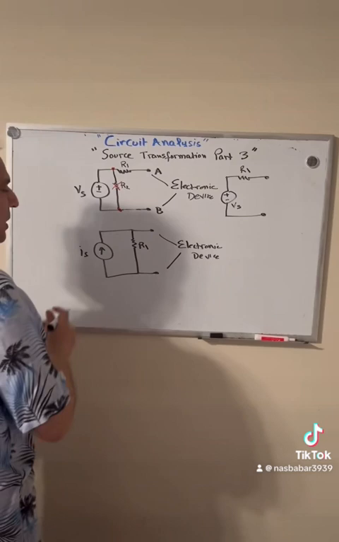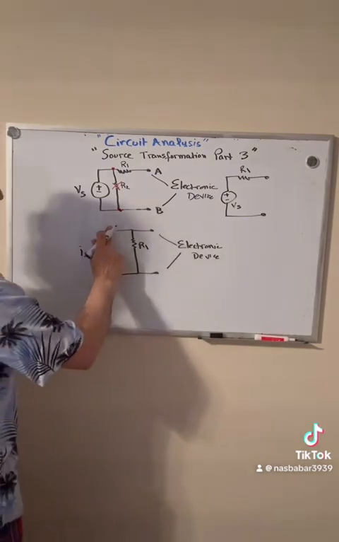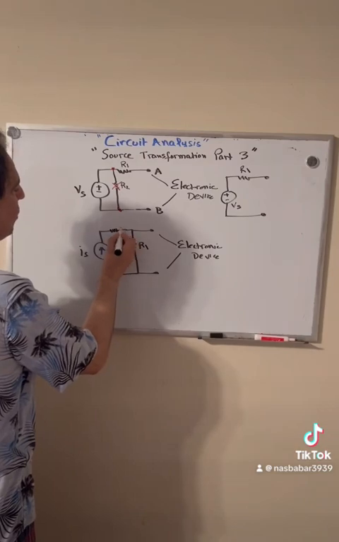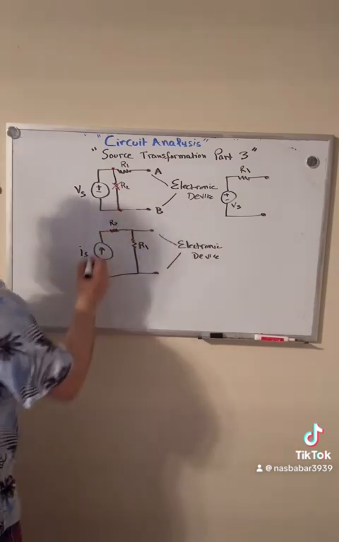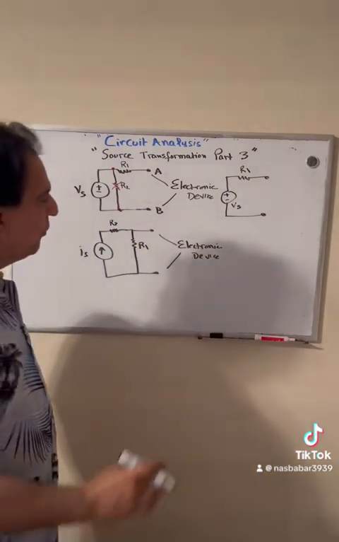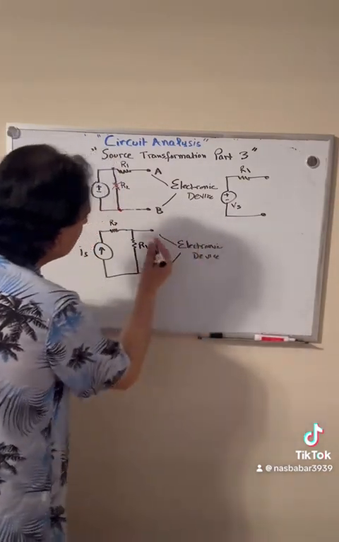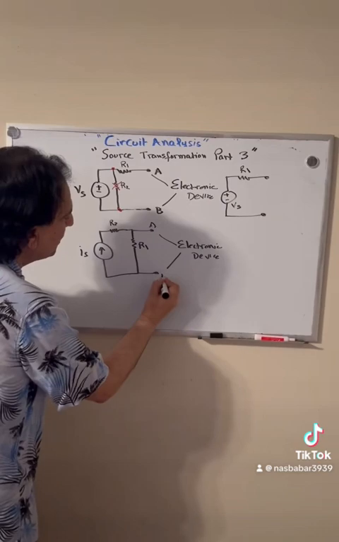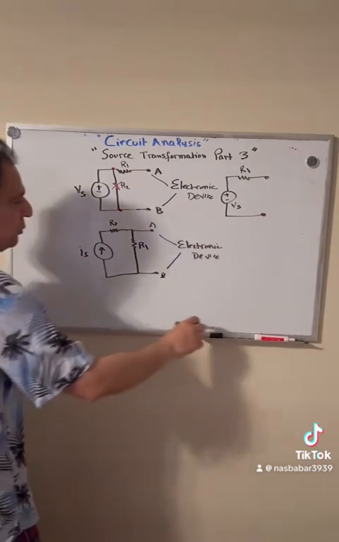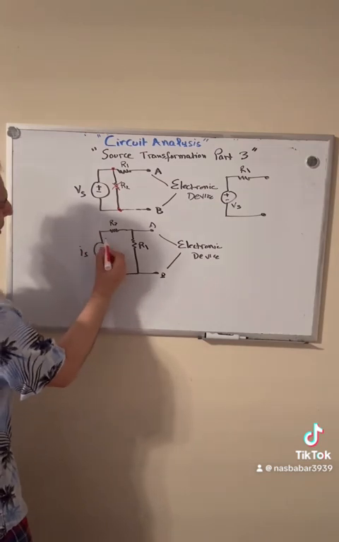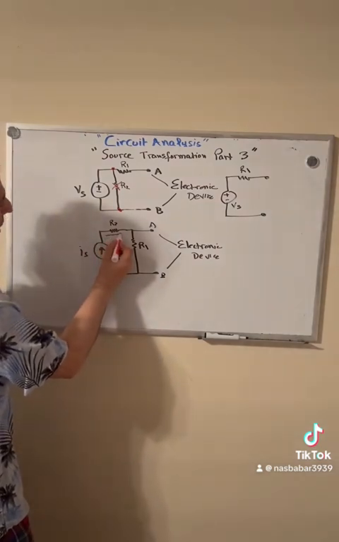So what if I inject a resistor right here, and we call this R2? Is it going to make any difference for this device? Because this device is looking at terminal A and terminal B. If you look carefully right here, this I sub S current is going to flow right here.